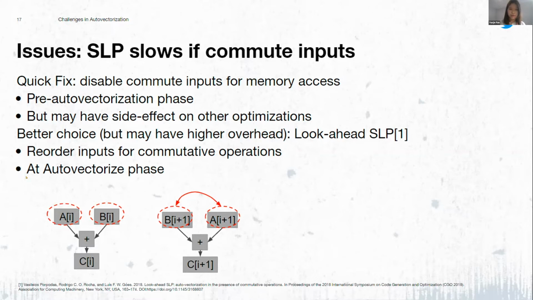For the example listed here, C[i] and C[i+1] are adjacent memory accesses, and the add operator is a commutative operation. So the compiler will detect that if we swap the order of B[i+1] and A[i+1], we do not need an extra vector extract and a vector pack, so we have better performance if we use the autovectorization.